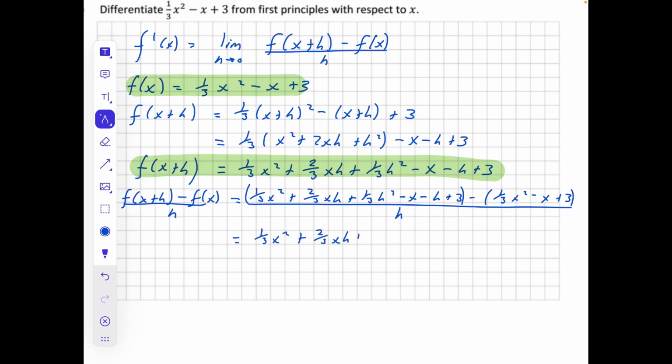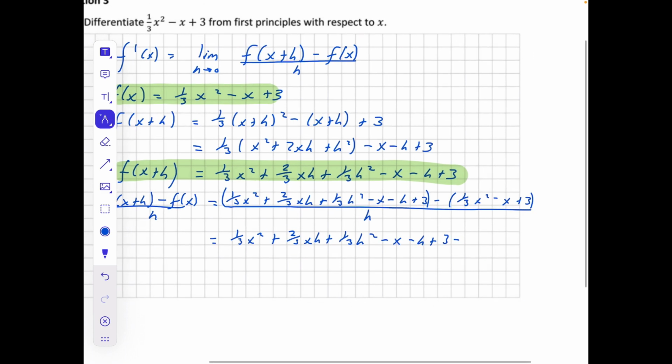Okay, now the first bracket there won't change, so it's going to be 1/3 x squared, okay, and then it's going to be minus 1/3 x squared, and then minus by minus is going to be plus x minus 3.